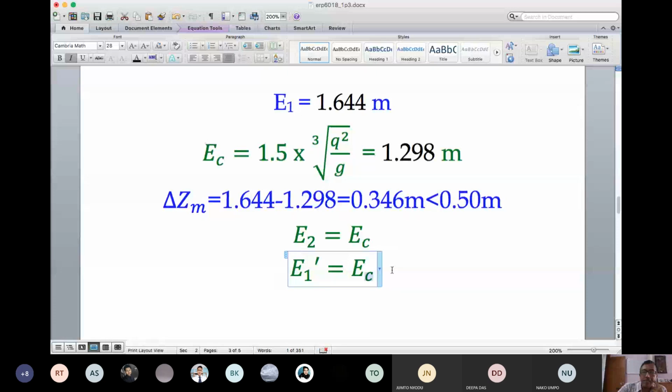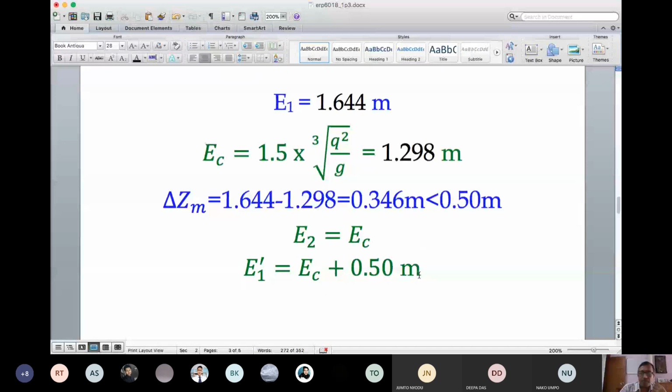And that is equal to 1.798 meter. Okay, and now you can compute what is E1 dash.